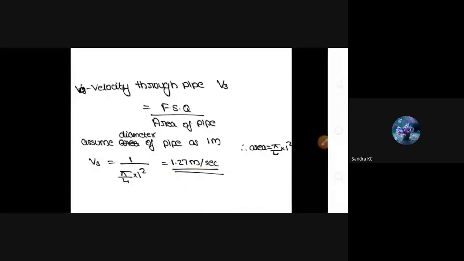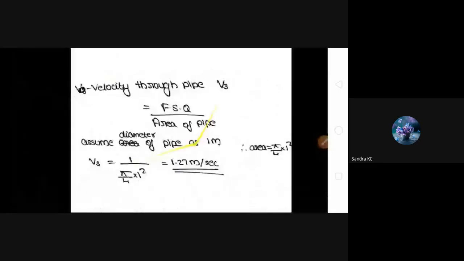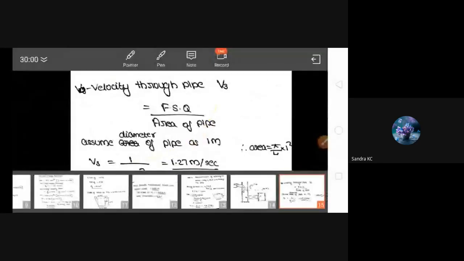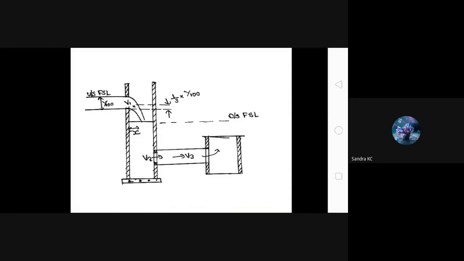we need to determine the velocity through the pipe. What do you mean by velocity through the pipe? Which pipe is considered here? If we take this image, this is a pipe that brings water from inlet to outlet.